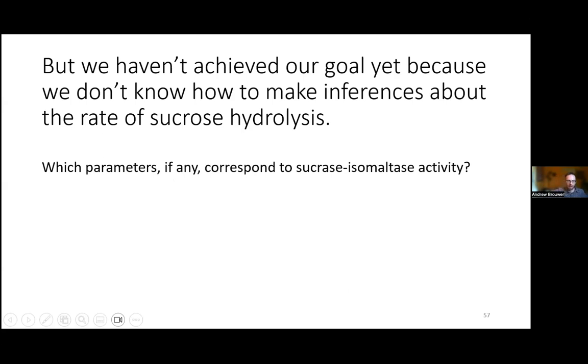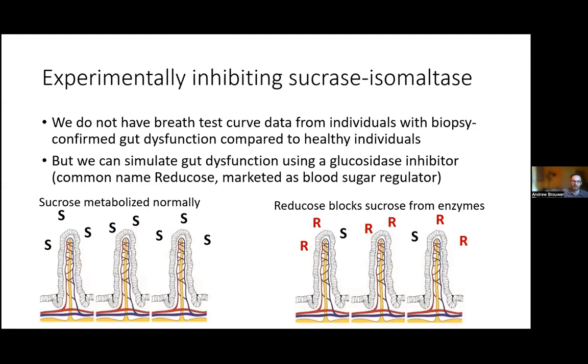But although we have this model, we haven't achieved our goal because we don't know how to make inferences about the rate of sucrose hydrolysis, which is what we care about. Which of these parameters correspond to that sucrase isomaltase activity? So experimentally, we can inhibit sucrase isomaltase. We're going to use a diabetes medication called Reducose, which is marketed as a blood sugar regulator.